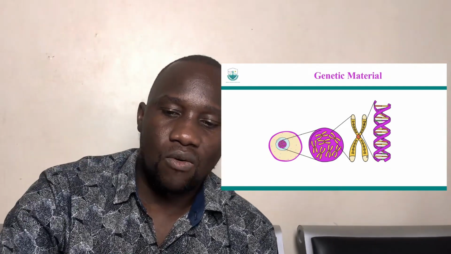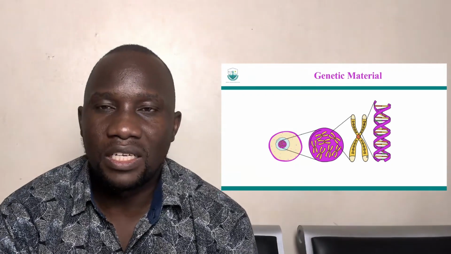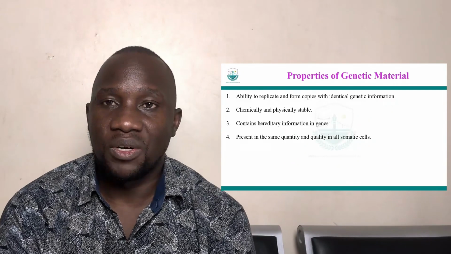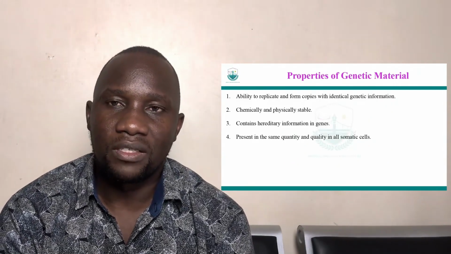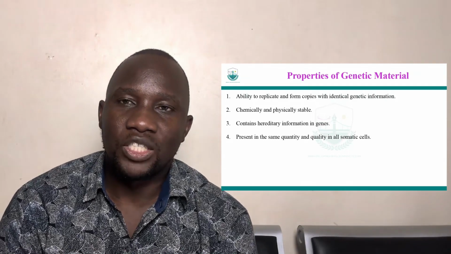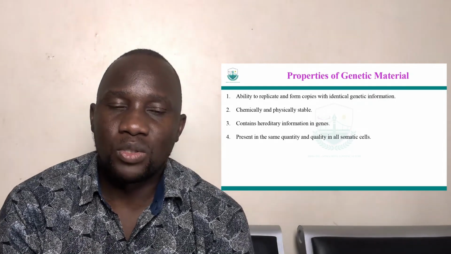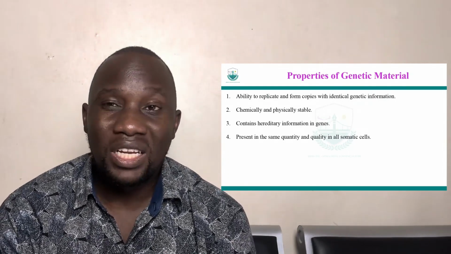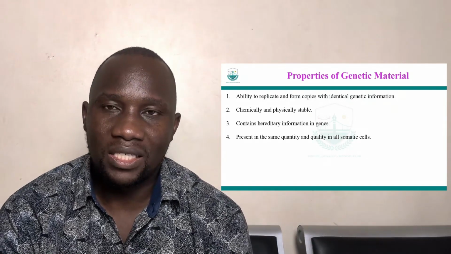This is the structure of the DNA that we shall look at later. Genetic material is very important because it carries information from the parents to the offspring, and that means that it should have the ability to replicate so that the offspring can get copies. It shouldn't change anyhow, because if it changes anyhow, you can have disorders happening.